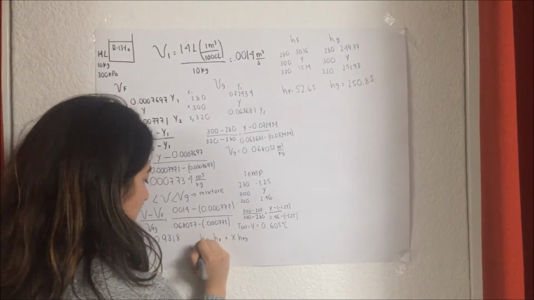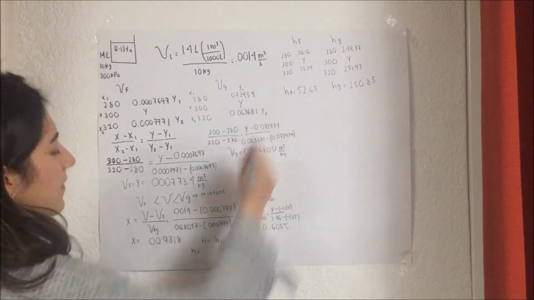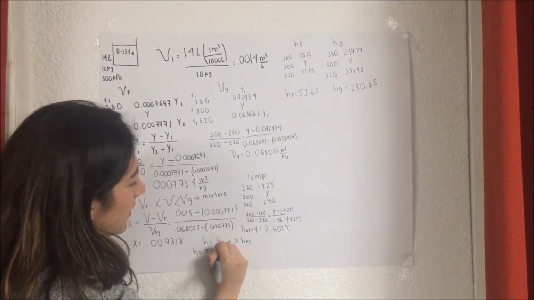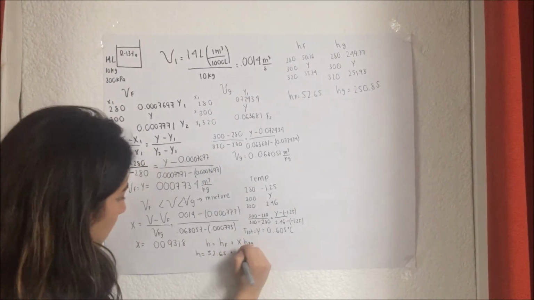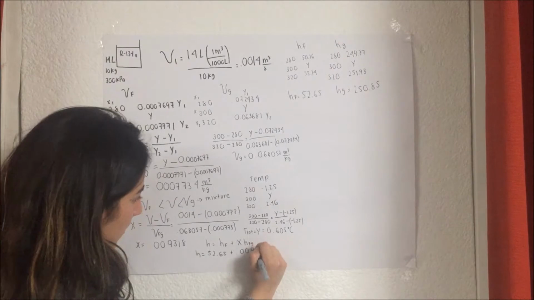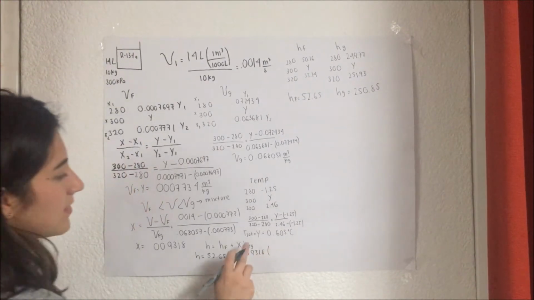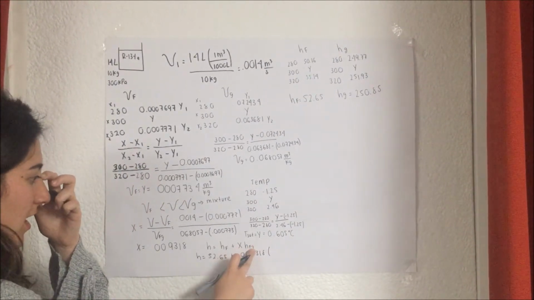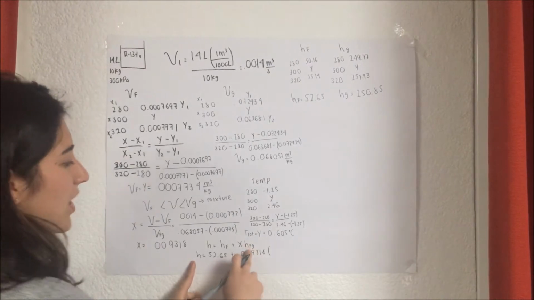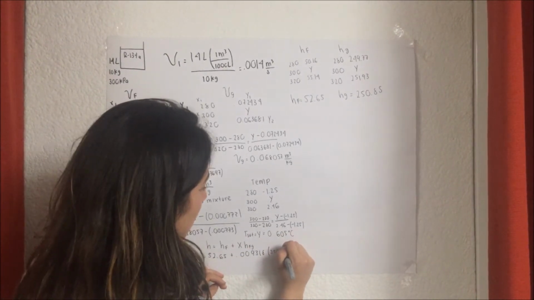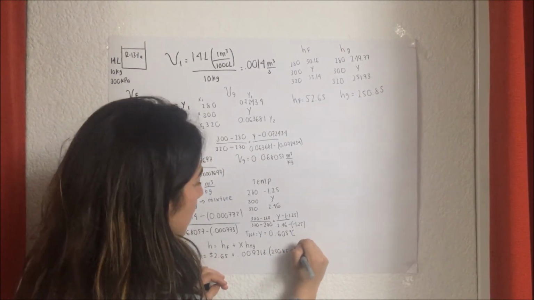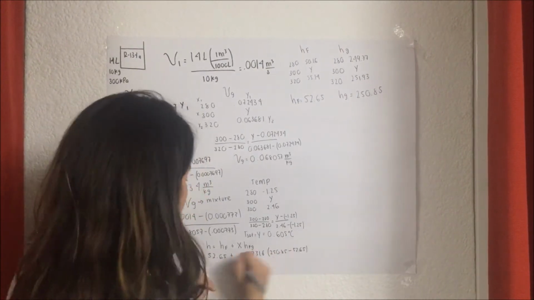So our h equals our hf, which is 52.65, plus our x, which is 0.009318, times the difference hg minus hf, that is 250.85 minus 52.65.